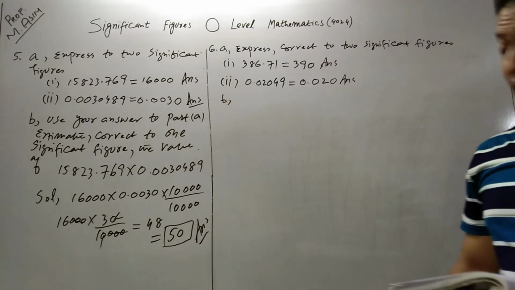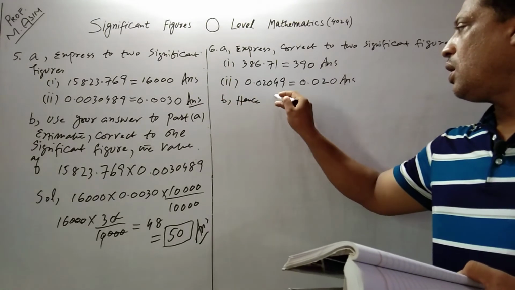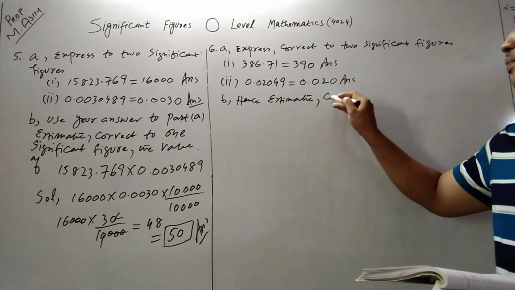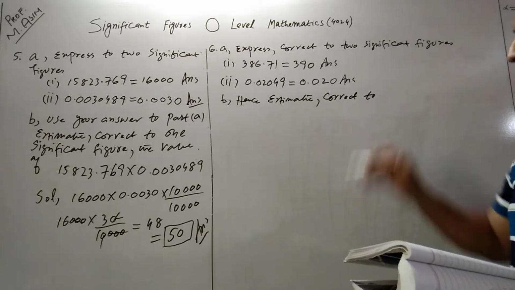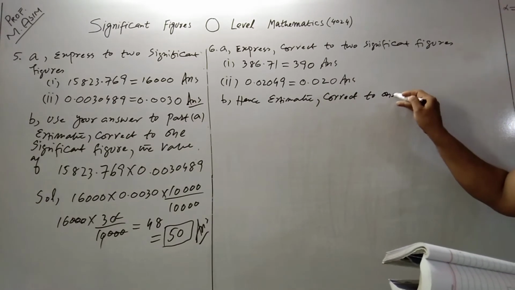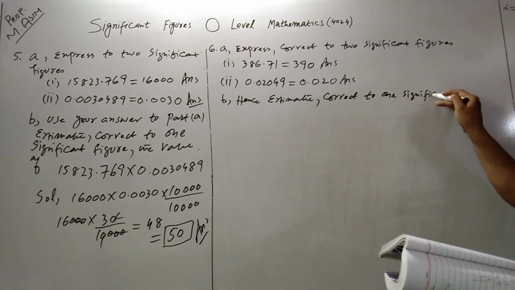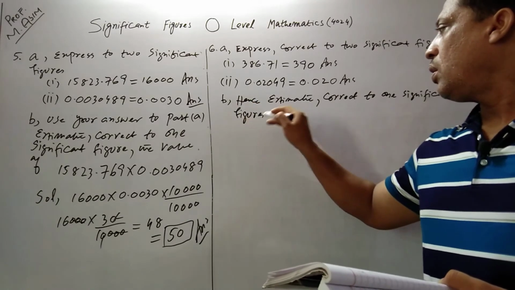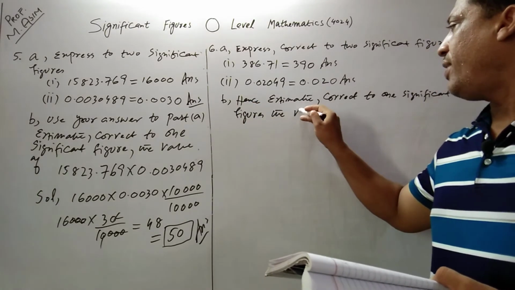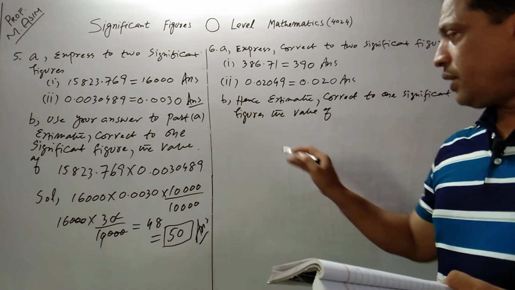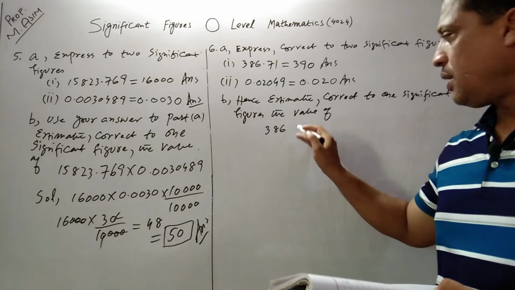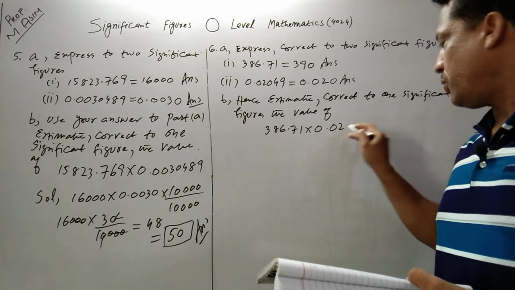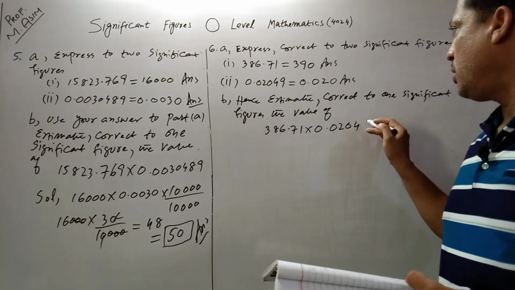Part B. Hence estimate, correct to one significant figure, the value of 386.71 multiplied by 0.02049.